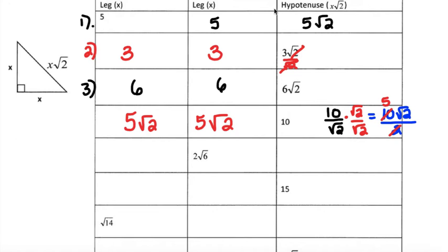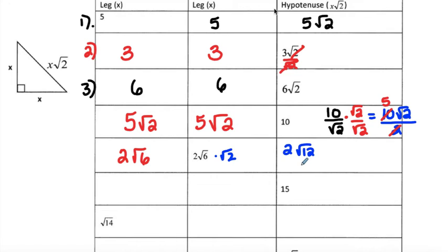Okay. Now I've got a leg. So if the first leg is 2 root 6, then the other leg was 2 root 6. To find the hypotenuse, you multiply 2 root 6 times root 2. All right, so 2 root 6 times root 2 gives me 2 root 12. Remember, you're allowed to multiply the radicals to the radicals and real numbers to real numbers. Now, the unfortunate thing here is it's not in simplest form.